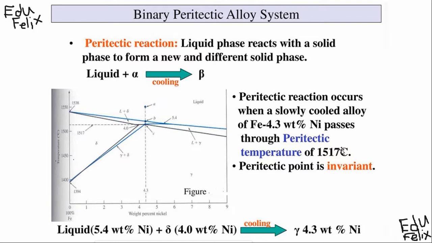So at a specific temperature, like 1517, with 4.3 weight percent, they develop a different solid phase. This is liquid, that is 5.4 weight percent nickel, plus delta with 4 weight percent nickel. If they cool, they form gamma, in that phase you have 4.3 weight percent nickel.